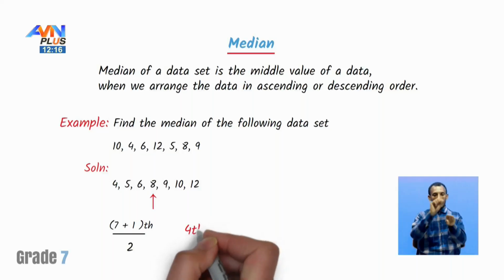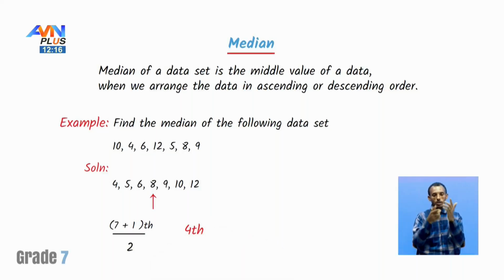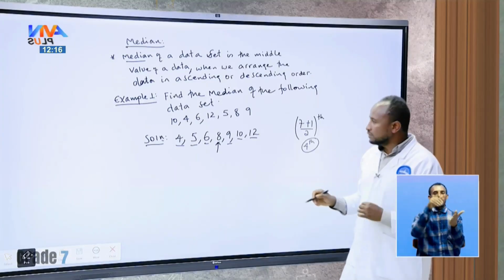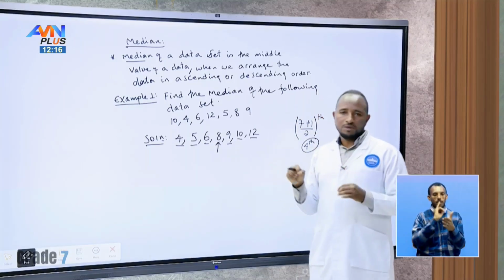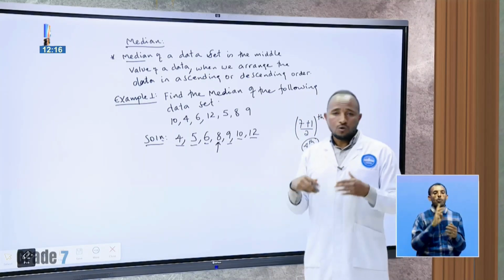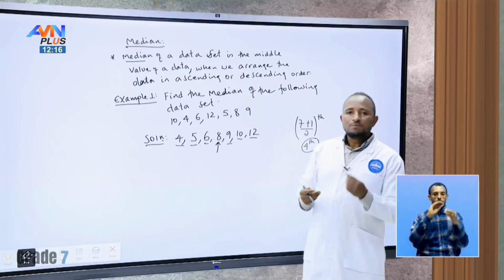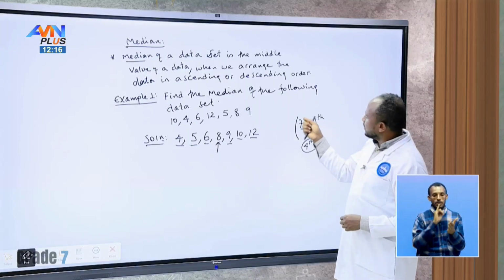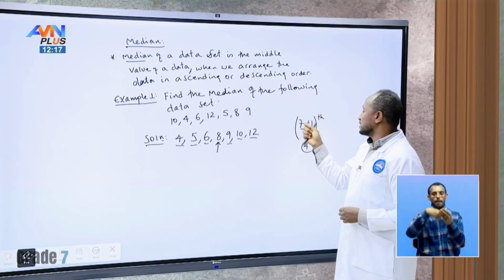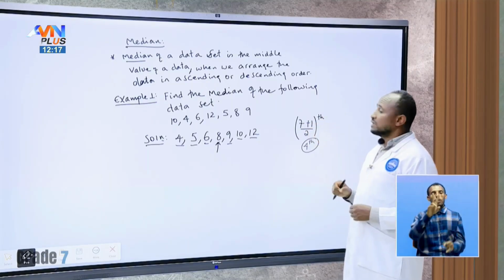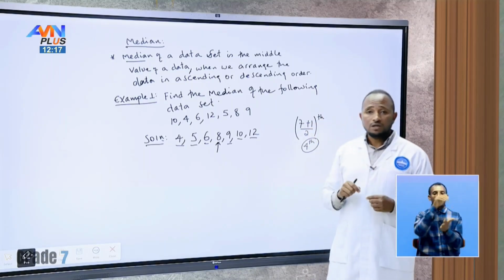So the fourth data will be the median. Let's count it: 1, 2, 3, 4. If we have an odd number of data, you add 1 to the number of data and divide by 2. That indicates the position of the median of the given data set.